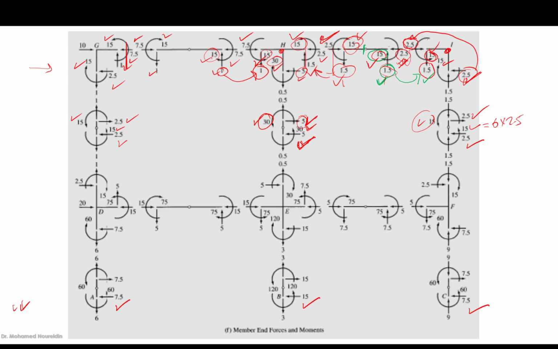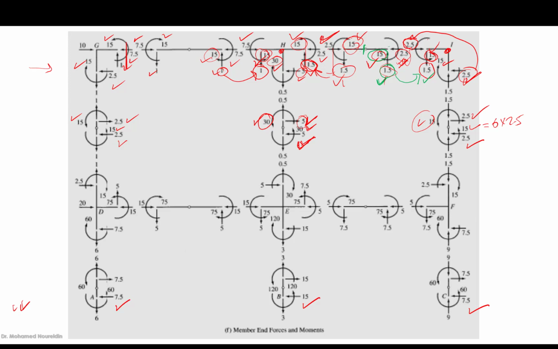Now this joint and joint H, everything is known for us. Let me zoom. I do not know how to zoom actually. It seems it's not working. But anyway, this is H here. Then based on this, we know everything. The important thing here is this is 1.5 and here this is 1.5.